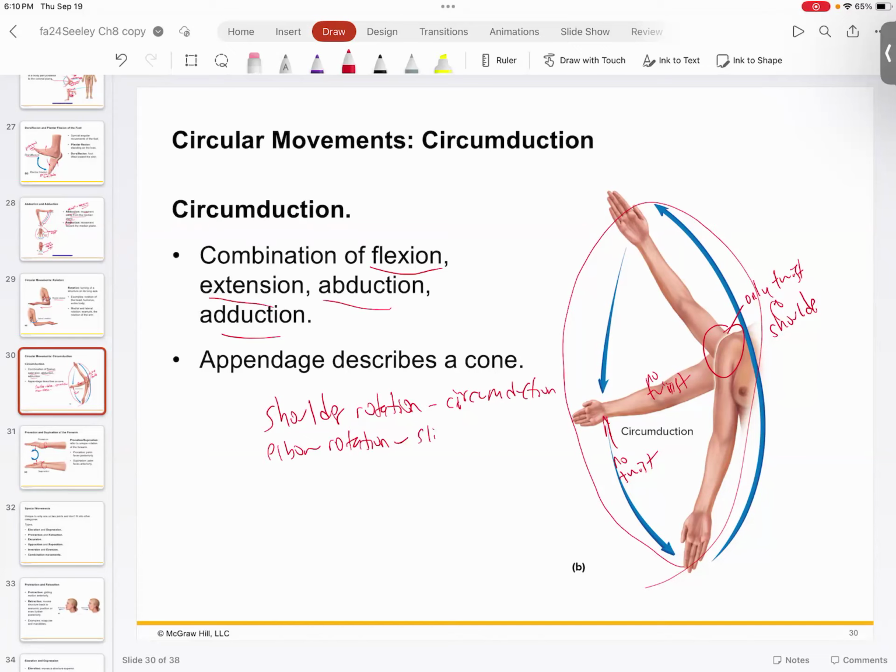This is slight rotation, either medial or lateral. And then you have wrist rotation. You know, they always say in sports, just give it a little more wrist, put some wrist in it. Wrist rotation, which gives you supination and pronation. If you add all 3 of these together, you create a compound movement.